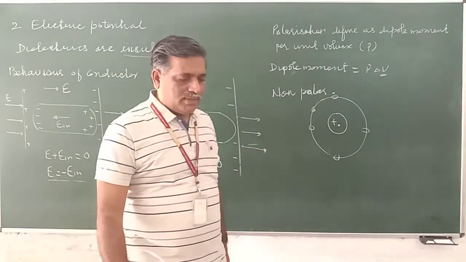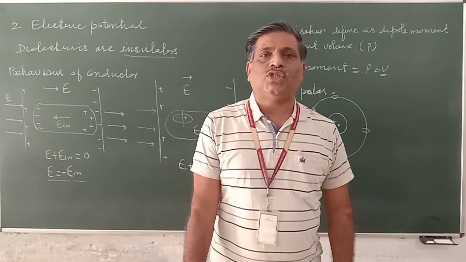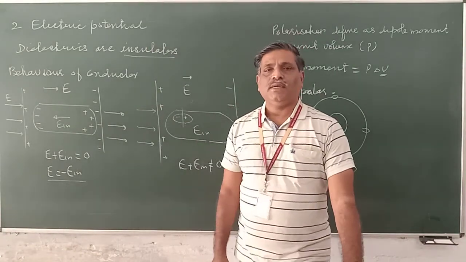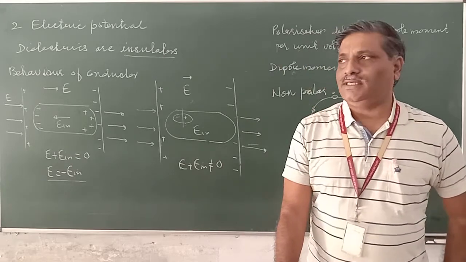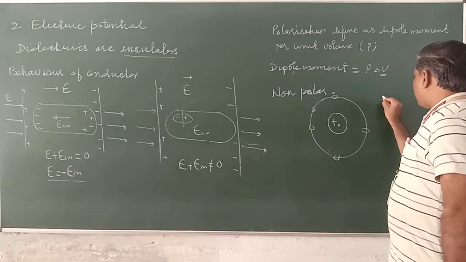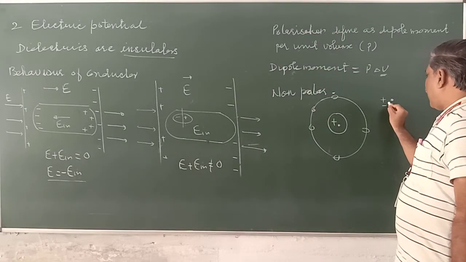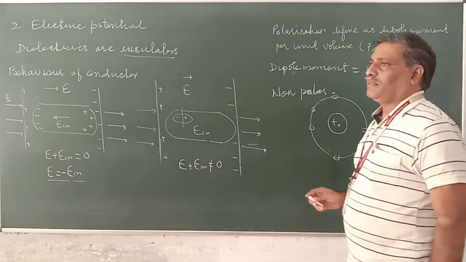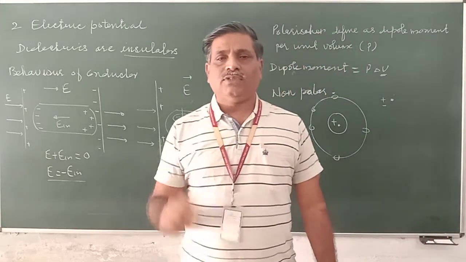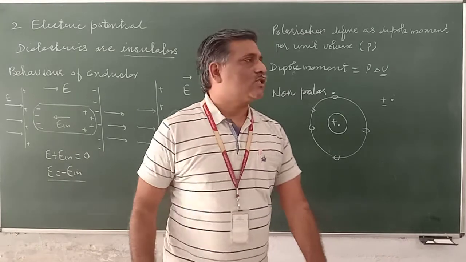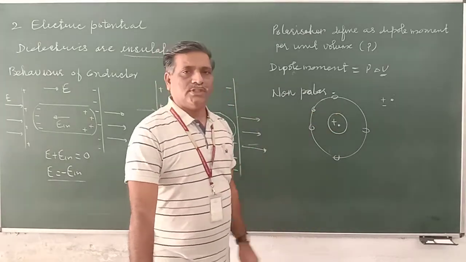So at atomic level, there are two centers: one is the positive charge center and one is the negative charge center. When the positive charge center is at the same place as the negative charge center, this is called a non-polar substance.